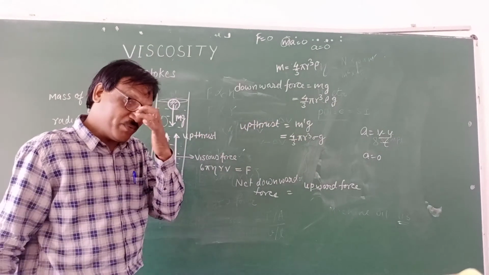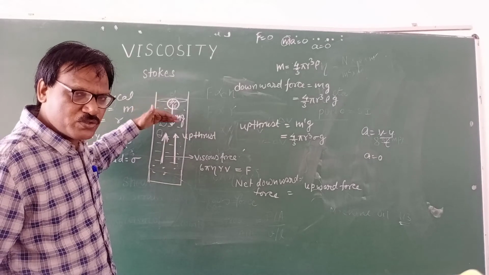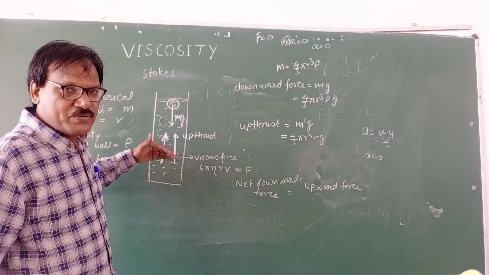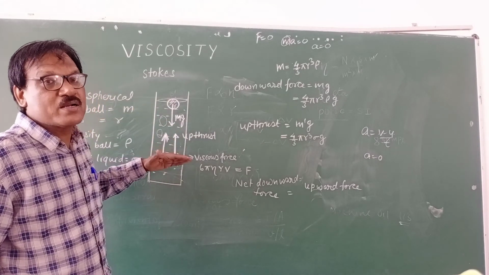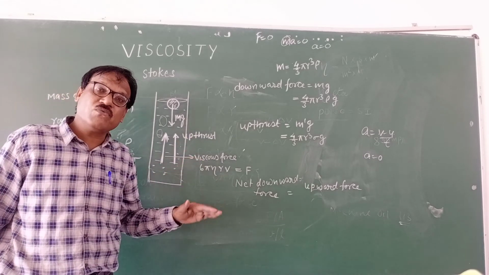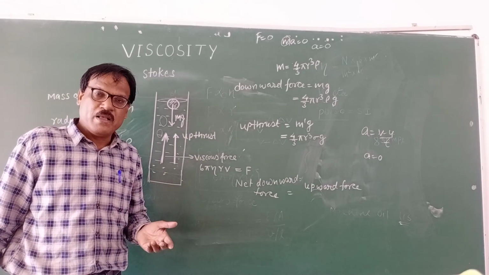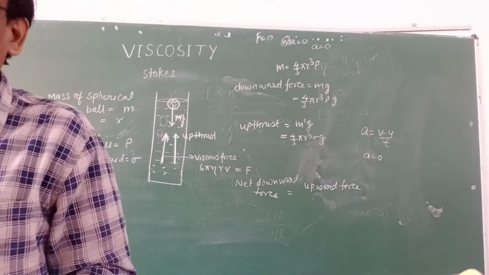So when this ball is falling, initially its velocity is more. After some time, it acquires a constant velocity, when both the downward forces and upward forces are equal. That velocity is called the terminal velocity.